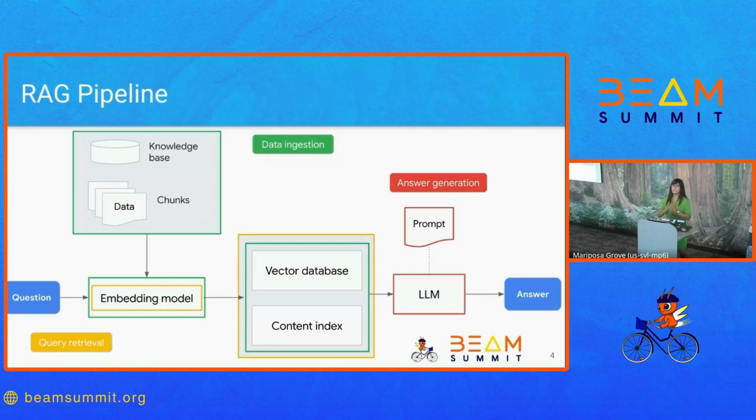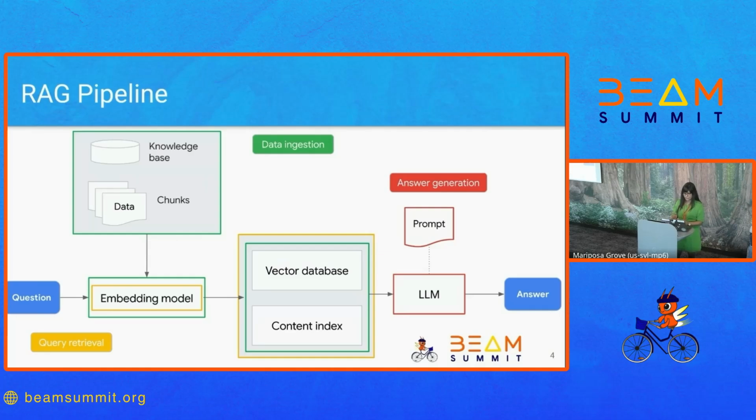Now quickly let's talk about the RAG pipeline. The RAG pipeline has three main parts. The first part is data ingestion. In this part, we ingest data from various sources, like open sources, maybe news or tweets, or other sources like documents or PDFs. With the use of an embedding model, it chunks the data into smaller chunks and stores the data in vector databases along with the content indexes.